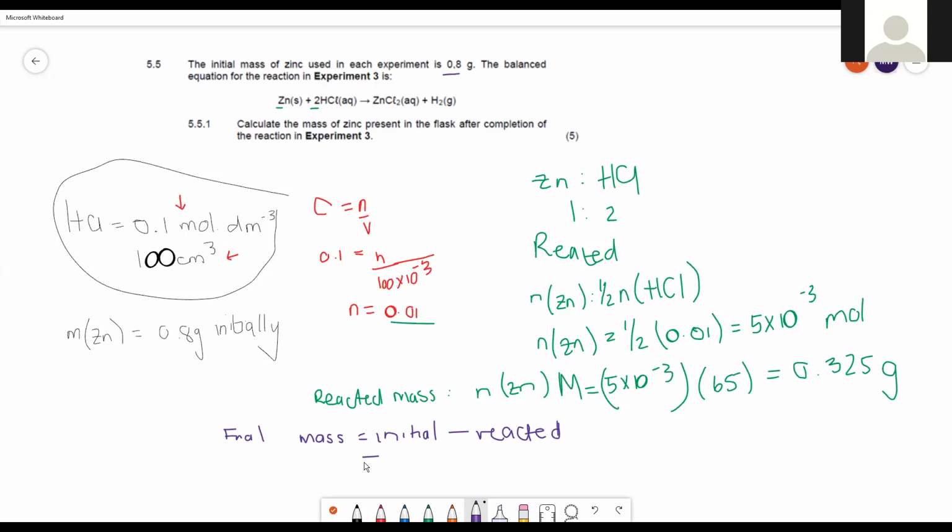So that is 0.8 minus the 0.325 grams. And that should give you 0.48 grams. Okay, does that make sense to everyone? Hope so.